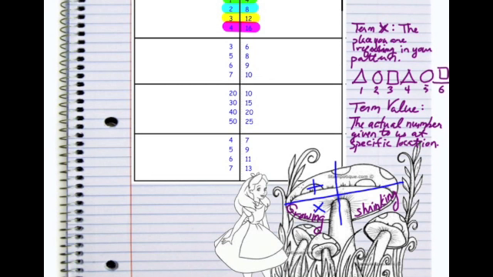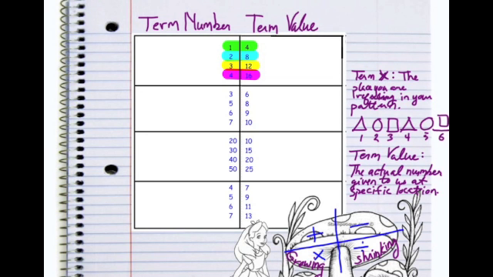So the opposite of addition, or a way for us to shrink our value, would be subtraction. And then a more complex way for us to shrink would be division. So when we're looking at term numbers compared to term values, we want to decide, first of all, are we growing or shrinking? And second of all, which operation are we going to test out first?